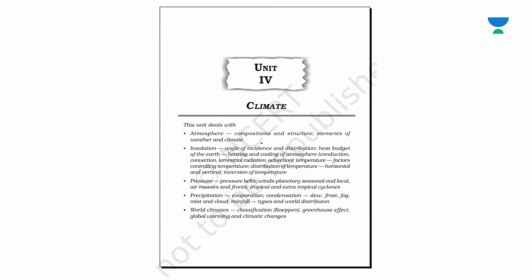Basically, this unit deals with the atmosphere: composition and structure, elements of weather and climate, then insolation, like angle of incidence and distribution, heat budget of the earth, heating and cooling of atmosphere, then temperature, so factors controlling temperature, distribution of temperature, horizontal and vertical, and inversion of temperature.